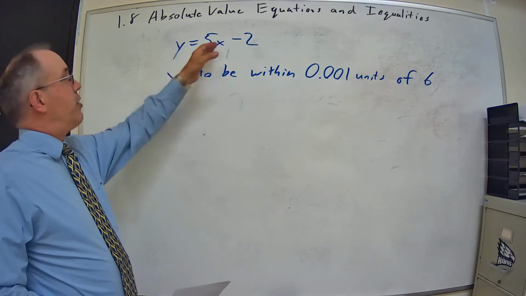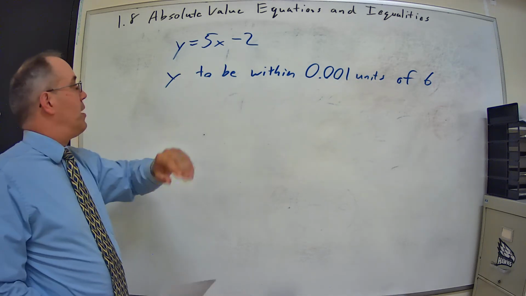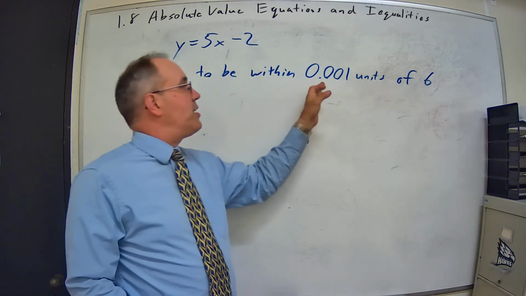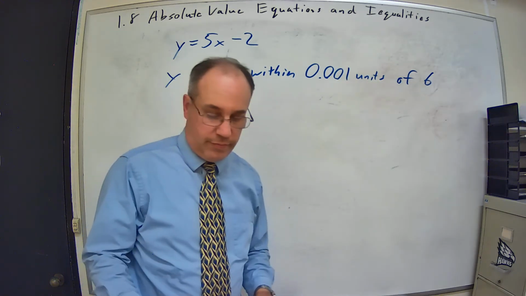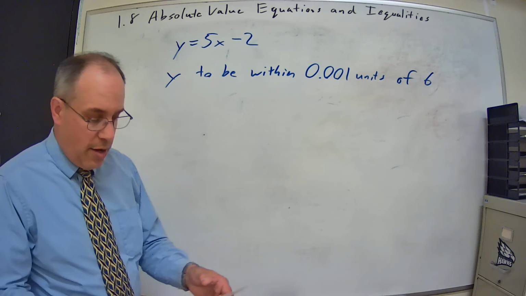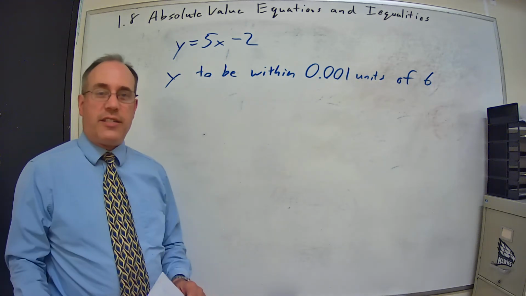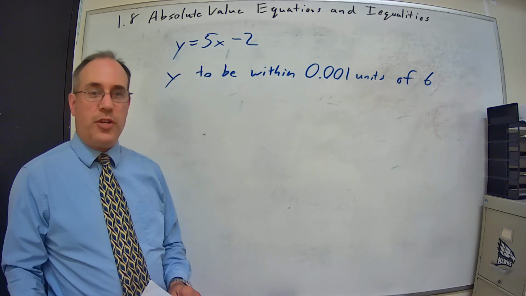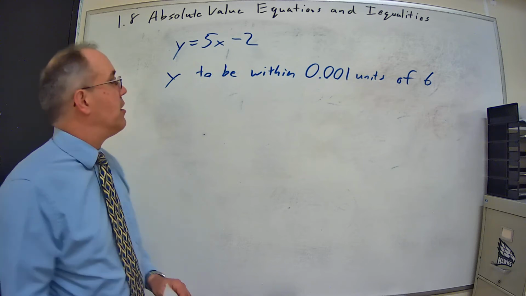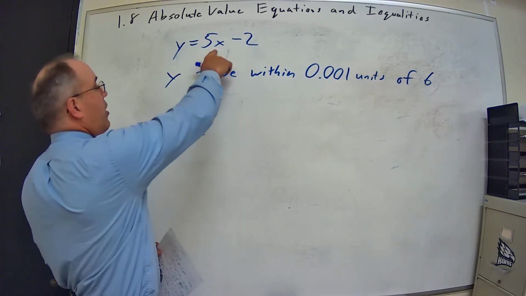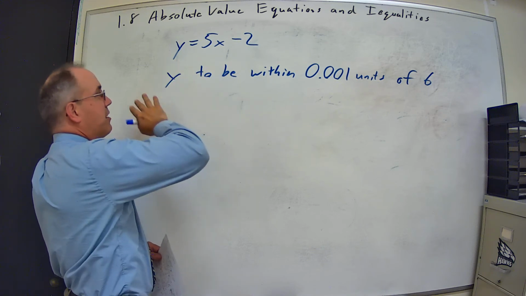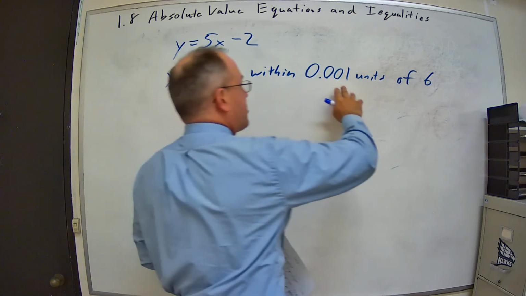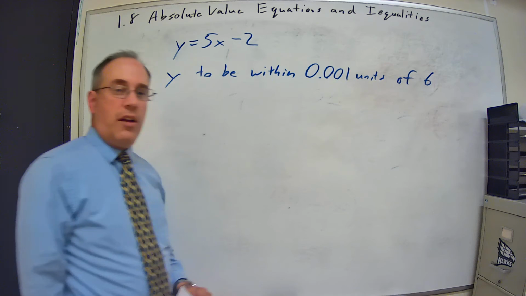So y is equal to 5x minus 2, and we want y to be within 0.001 units of 6. For what values of x will this be true? So we want to know what values of x will allow y to be within 0.001 units of 6.